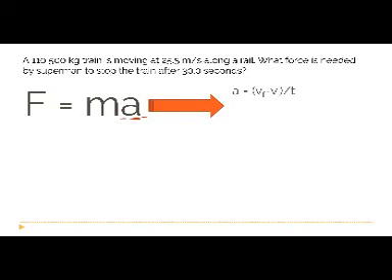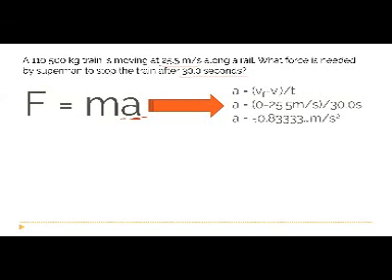The final velocity is equal to 0, the initial is 25.5 meters per second, and the time interval is 30 seconds. So 0 minus 25.5 divided by 30 is equal to negative 0.8333 meters per second squared.